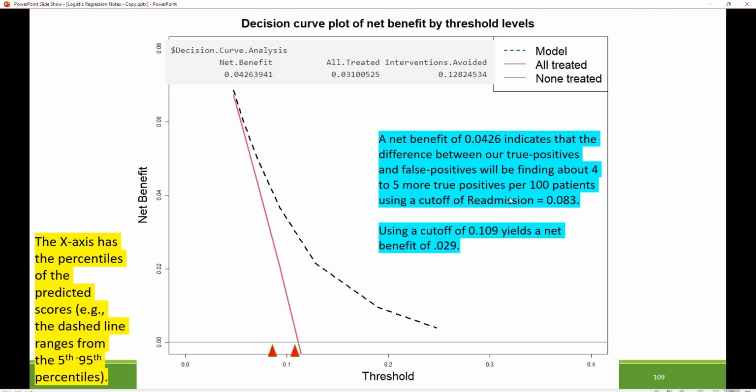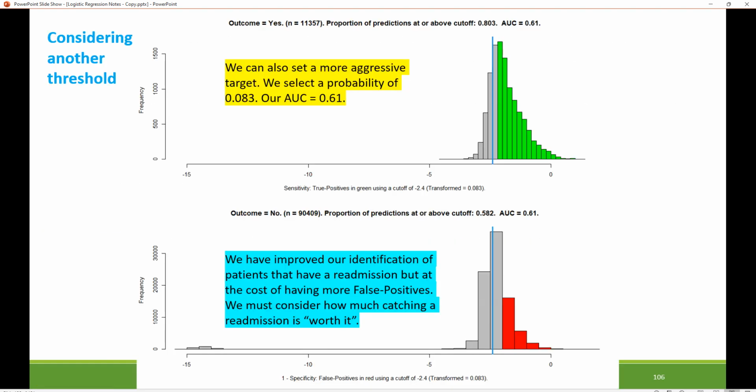So if you have 1,000 patients, that would be between 40 to 50 more true positives than false positives. So it's 4 to 5%. So that would mean that when we go back here, the difference would be you would get 4 to 5 more to the right of that blue threshold than you have false positives.